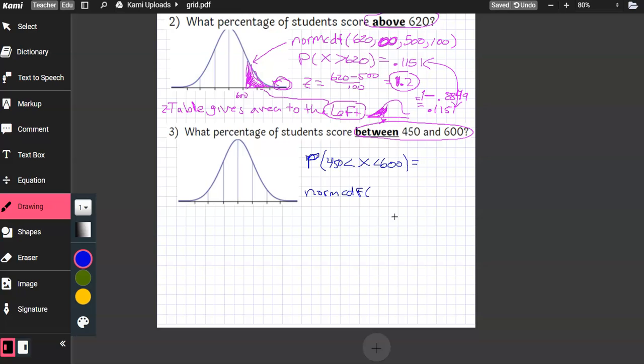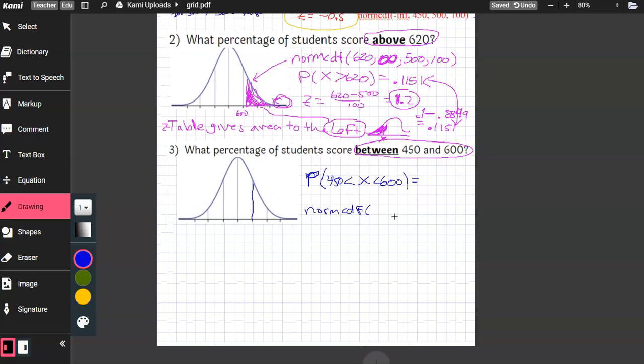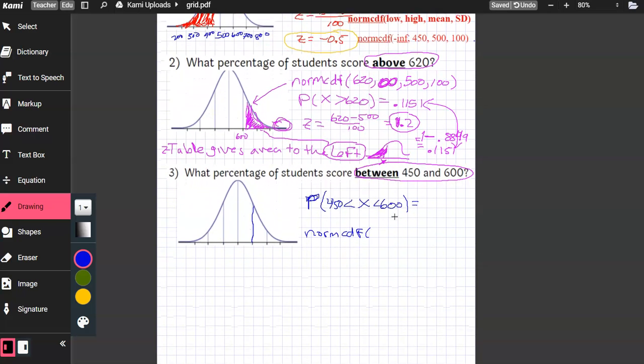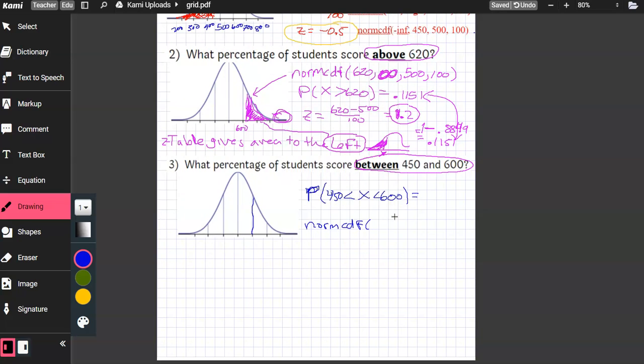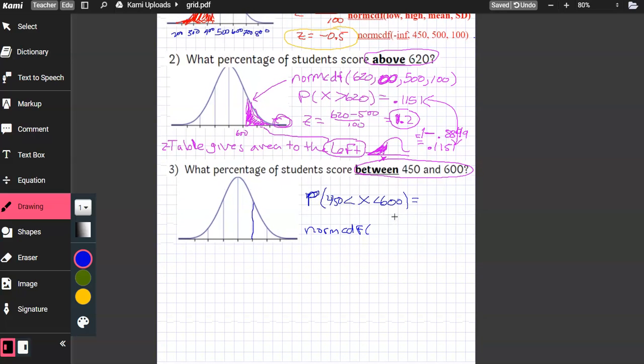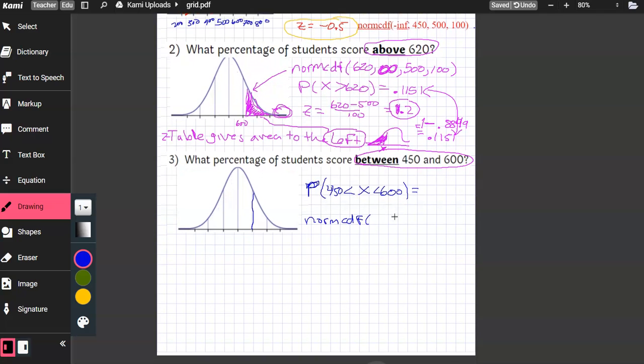So 600 is right here, and 450, so that was 500, 400, 450 would be right here. So this is the section that I'm interested in getting.